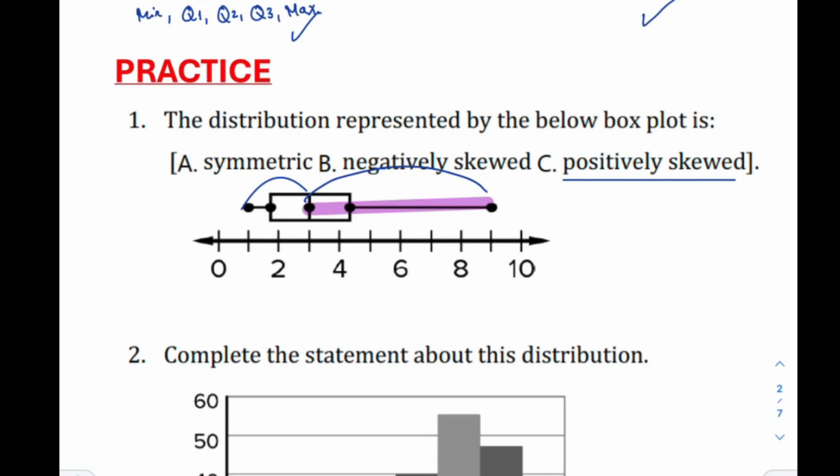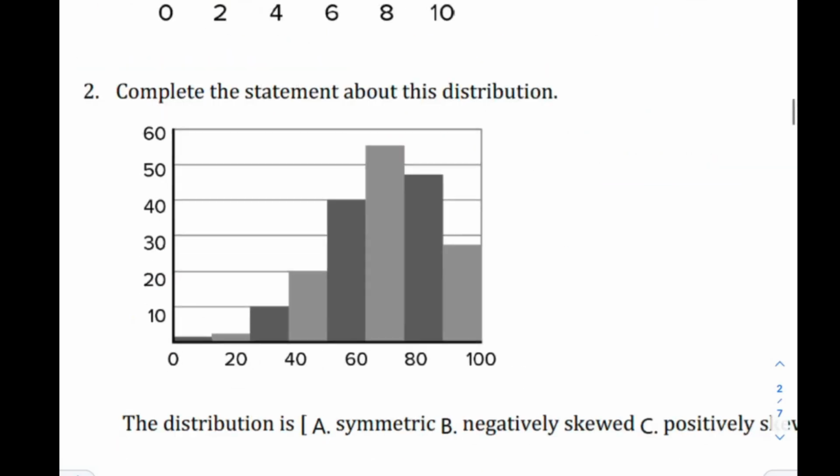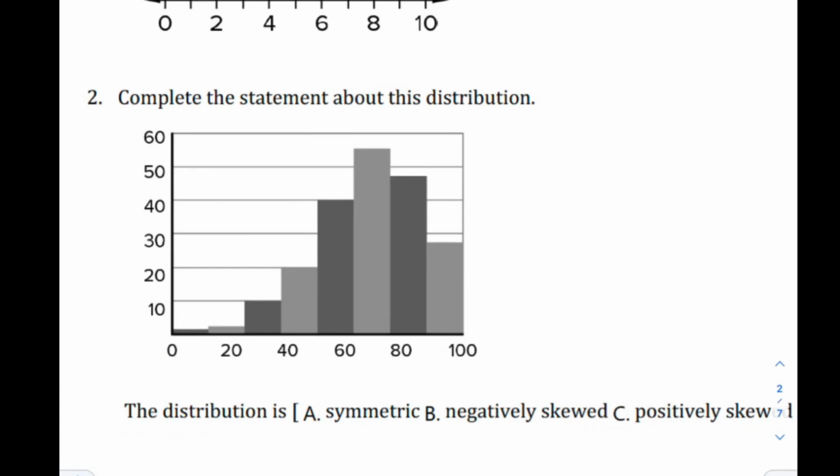So we call it positively skewed. And for that one, since fewer data is to the left, we call it negatively skewed.